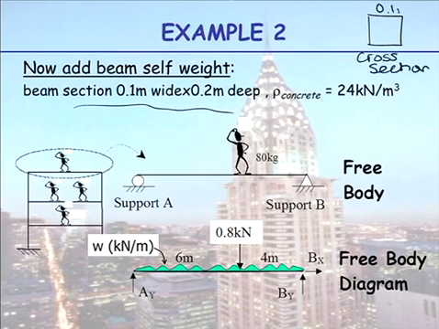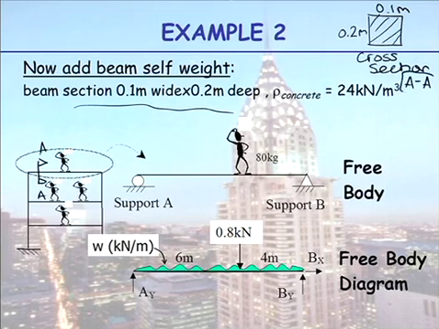It's 0.1 metres wide. It's 0.2 metres deep. So if I cut through, draw a line, and put 2 arrows on it, and call that section AA, that means if I cut through my beam and look in the direction of the arrows, this is what I would see. A beam that's 0.1 by 0.2.